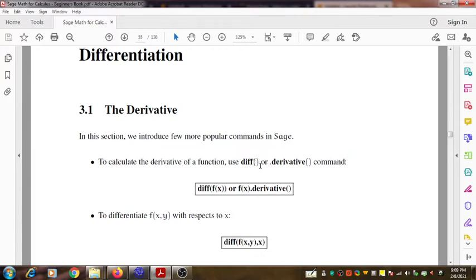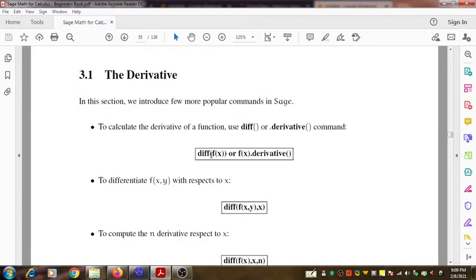Or, another way, you can find the derivative by using the dot derivative command. So we have two commands, diff and dot derivative.